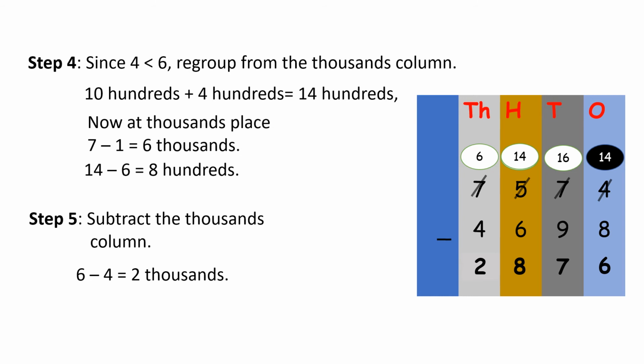Now we got the answer. What is the answer? 7574 minus 4698 is equal to 2876.